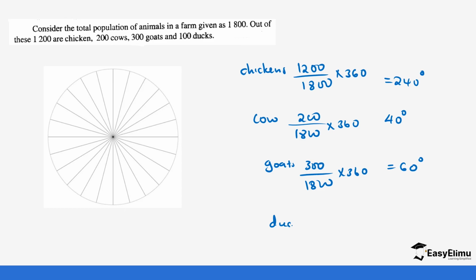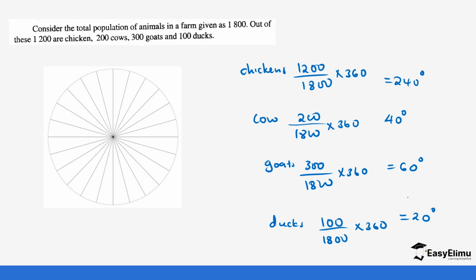So the ducks, it's 100 over 1800 times 360. So 100 divided by 1800, you get 0.05555 times 360, which gives us 20. So if we add up all these degrees, they should total to 360.